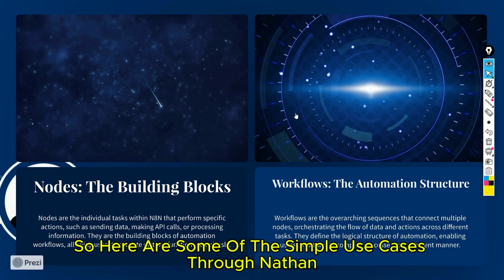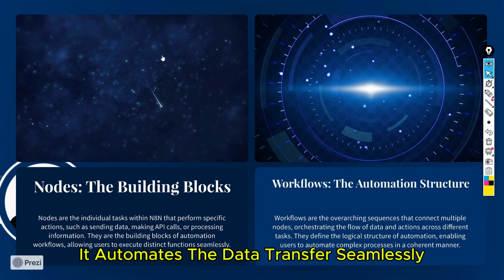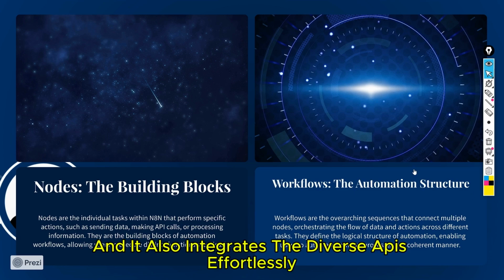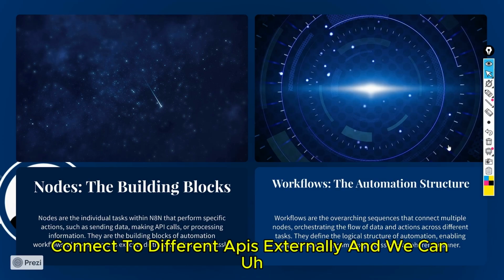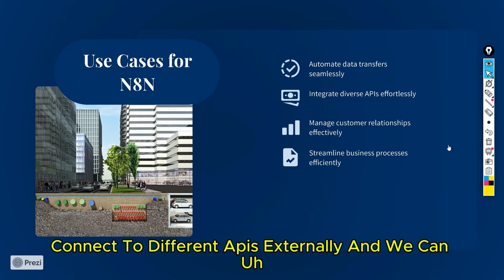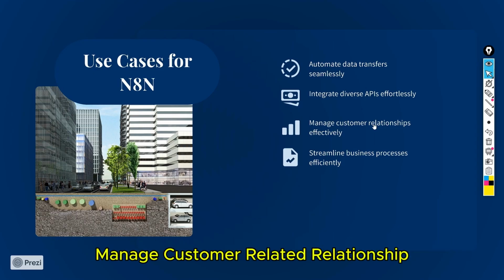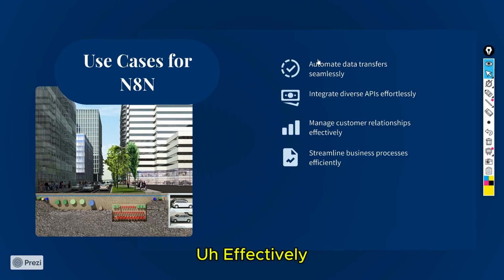So here are some simple use cases of n8n. It automates data transfer seamlessly, and it also integrates diverse APIs effortlessly. As we discussed earlier, we can connect to different APIs externally, and we can manage customer relationships effectively.